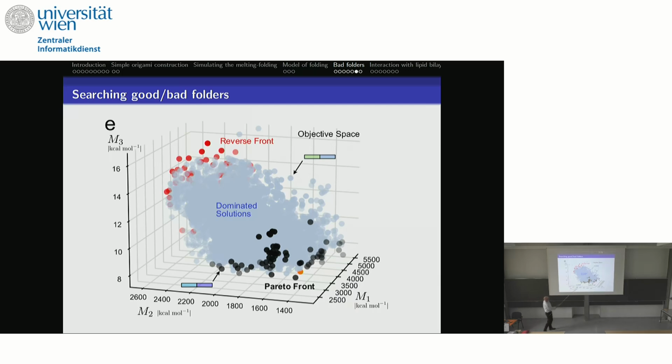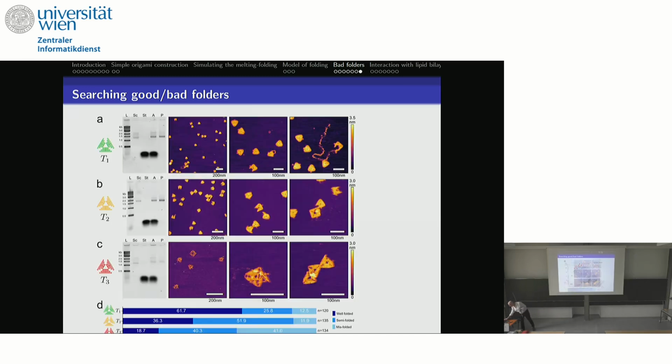Okay, so this is called the Pareto front. This is where solutions are close to ideal, but you also have the reverse front where the solutions are far from ideal. If you pick scaffolds in both fronts, these are the structures which you expect to be well folded, these are the structures that you expect not to be well folded, and this is intermediate.